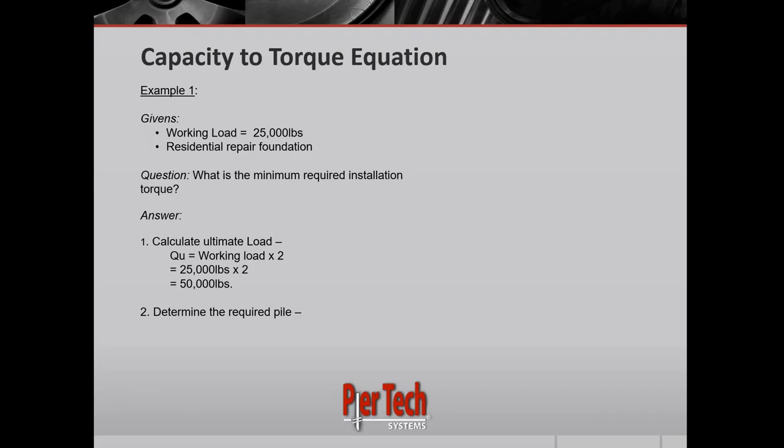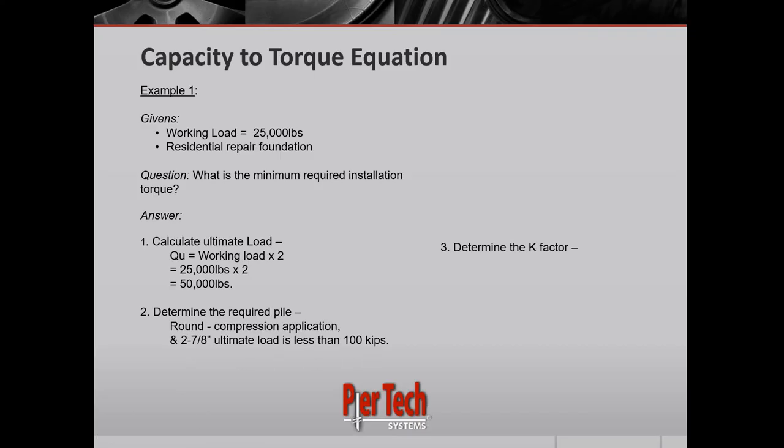Then you look between the 2 7/8 round shaft and the 3.5 inch round shaft. The 2 7/8 has an ultimate load capacity of up to 100 kips, and the 3.5 has an ultimate load of up to 120 kips. We've got an ultimate load requirement of 50 kips. That means that we can use either the 2 7/8 or the 3.5 inch. You'd want to choose the 2 7/8 as it's going to be the least costly option. So we're choosing round for compression application and 2 7/8 because it's less than 100 kips.